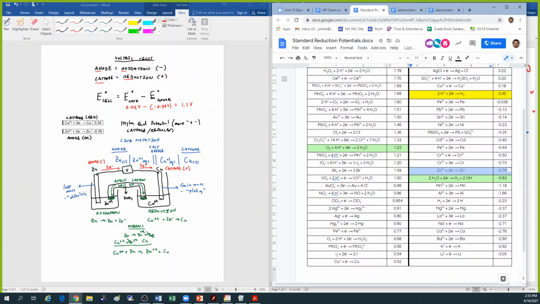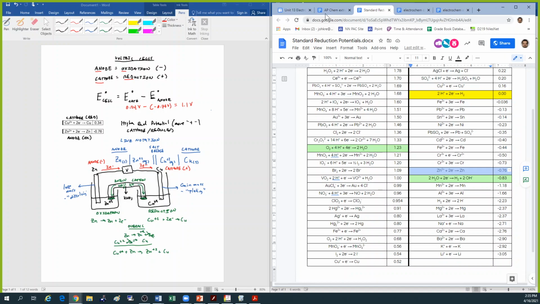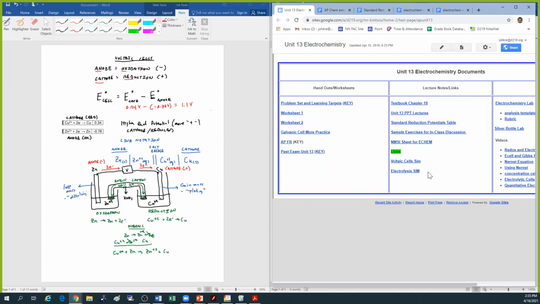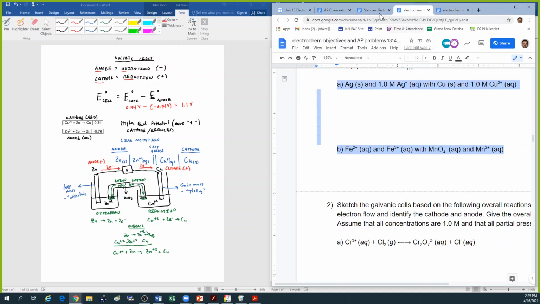There's a catch, what you need. Oh, that table? If you go to my website, online, not on Canvas yet, because this isn't in Canvas, but on my normal website, and go to AP Chem and Unit 13, the standard reduction potentials and everything else is there. Actually, what I could do is just put this site link into this calendar.